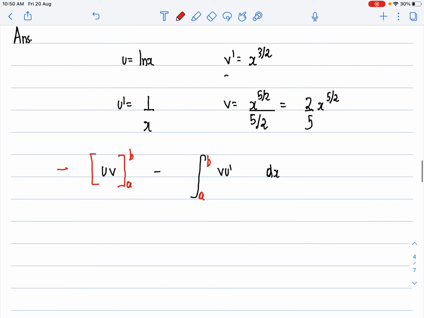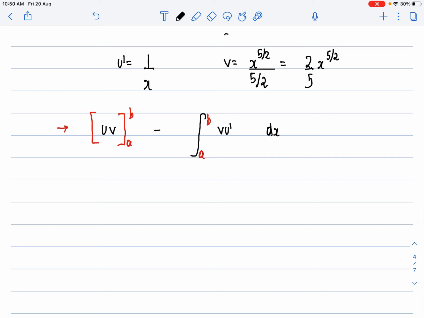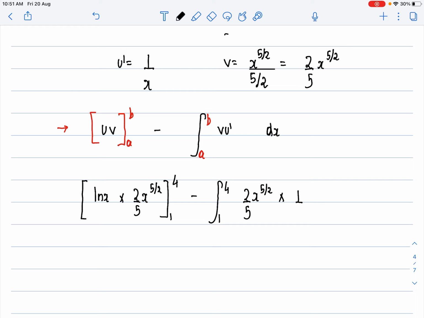So now I can write this as u into v, which in this case will be ln x multiplied by 2 over 5 x raised to 5 over 2, with the limits 1 to 4, minus, here I have the limits 1 to 4 with the integration of v into u dash, which is 2 over 5 x raised to 5 by 2 multiplied by u dash, which is 1 over x dx, correct?